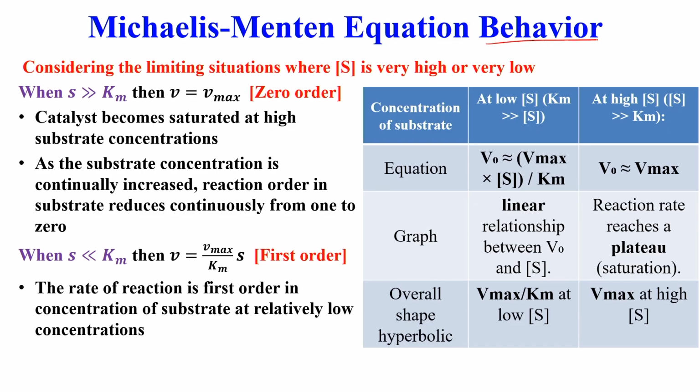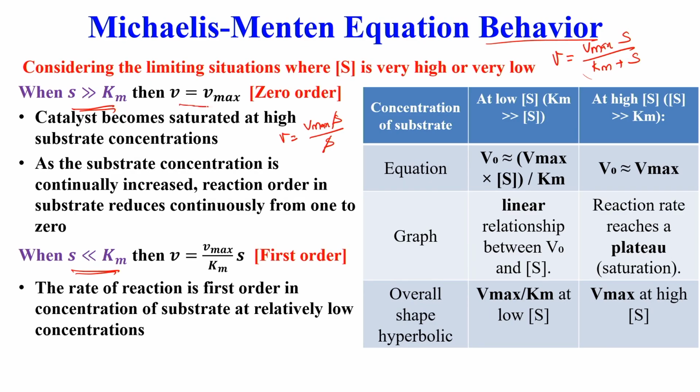Now, what is the behavior of the Michaelis Menten equation? There could be two cases. If I write V equals V max S upon Km plus S, the first case is when S is much higher than Km, and the second case is when S is less than Km. When S is much higher than Km, in the denominator we can write only S, so V equals V max S upon S, and S cancels out.